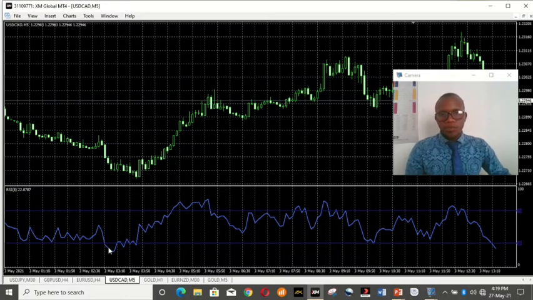So here, the market is at the oversold level, and the RSI is consolidating.